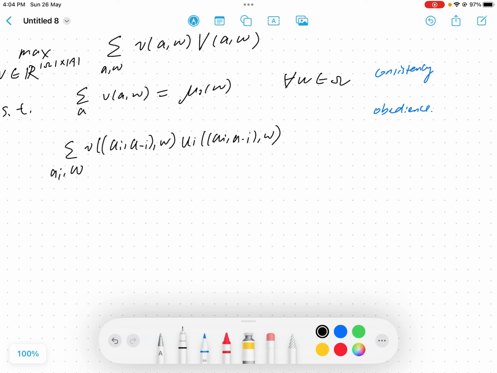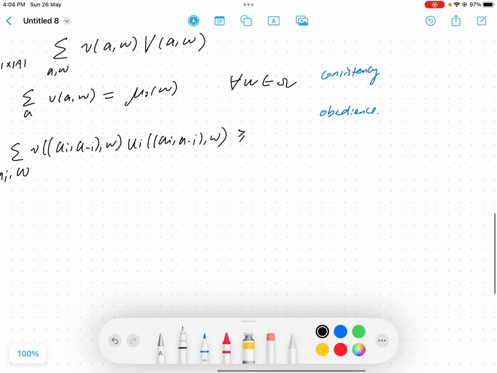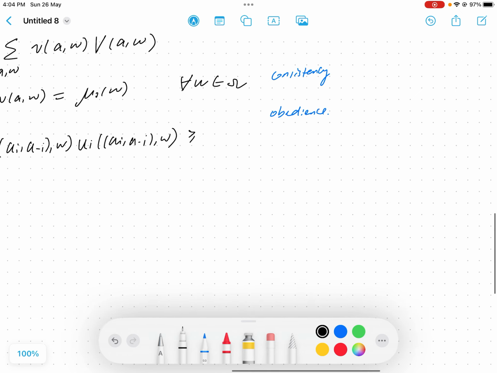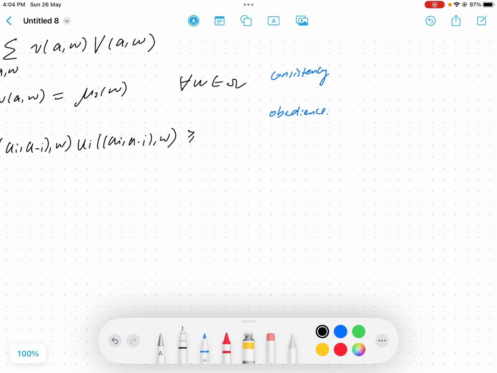So this is the case where they are listening to the action recommendation, and so they should have a higher or equal expected utility than the deviation. So the deviation yields this utility here: the summation over a_{-i} and omega.